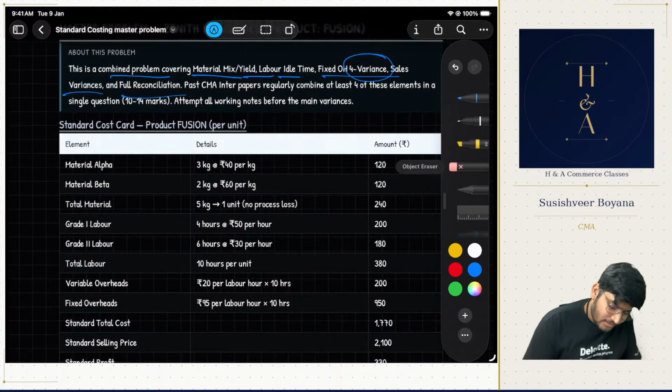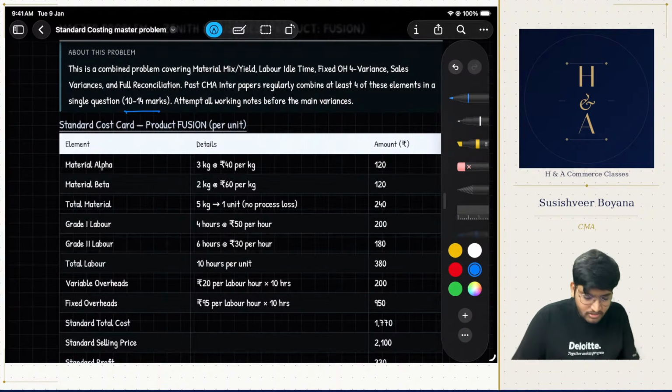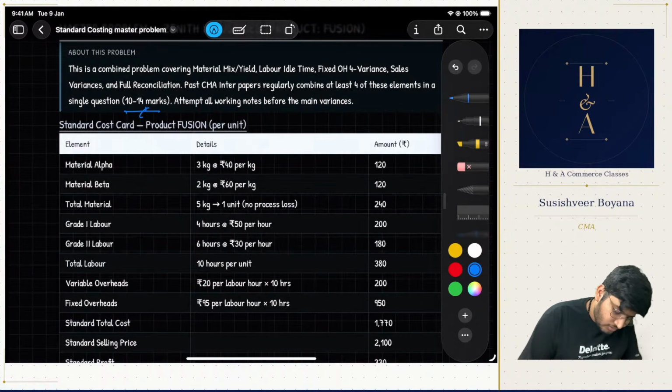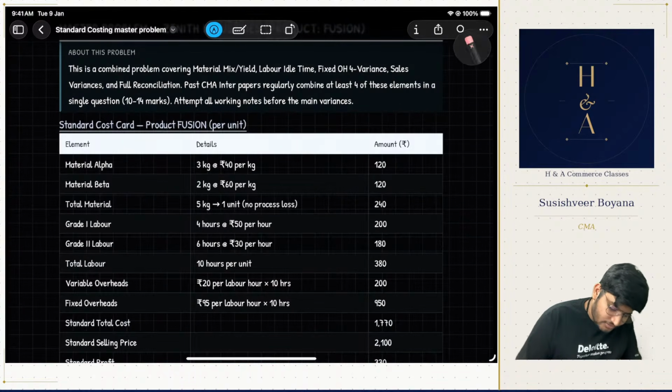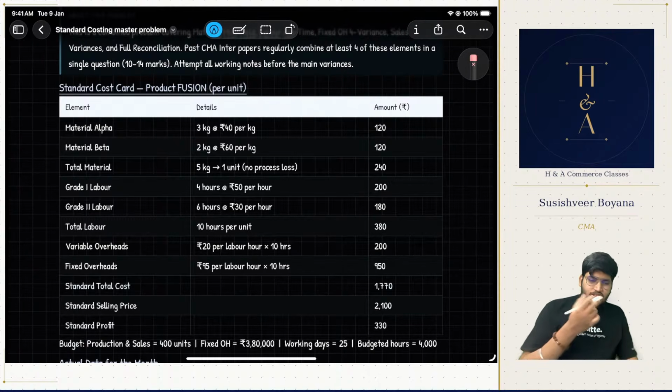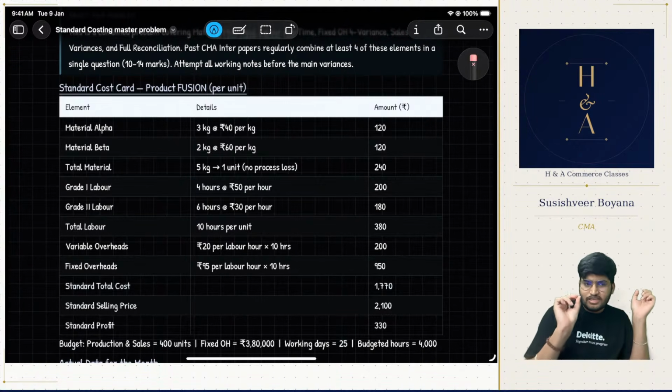All of them, or at least four of them, are usually combined into 10 plus 10 or 14 marks. While calculating the variances, if you understand what is given, it's easy. There are going to be questions where you already know the formula and there is one missing aspect, and you have to interlink different formulas to get it. That is up to you; you have to practice more in those terms.